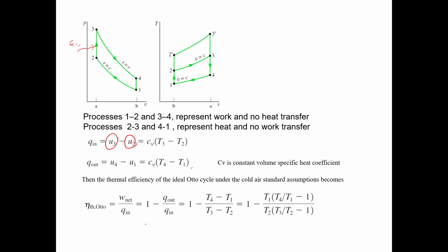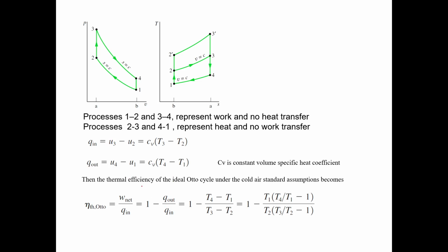Then we can derive the eta Otto cycle equal to W net divided by Q in. We can write W net as Q in minus Q out, divided by Q in. Then eta equals 1 minus Q out divided by Q in.